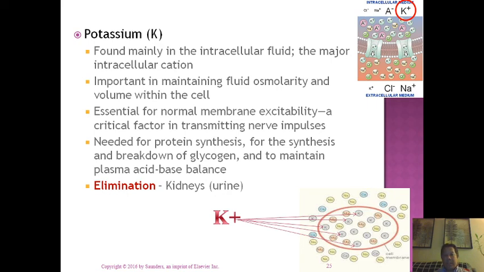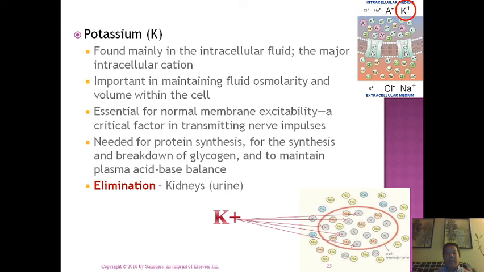Any excess in potassium can cause cardiac dysrhythmias, the same way that a decrease in the potassium level in the blood will also have a deleterious effect on cardiovascular function. So you have to remember any increase or decrease in the potassium level, hyperkalemia or hypokalemia, will both have a detrimental impact to the function of the heart, and it can cause cardiac dysrhythmias.